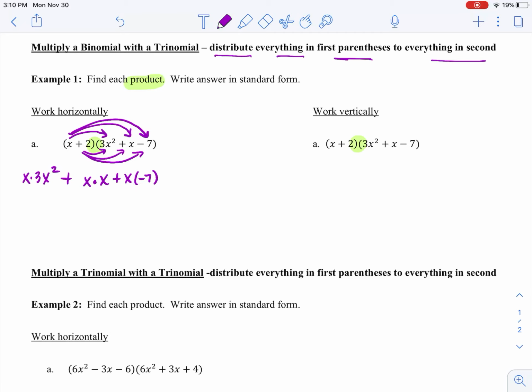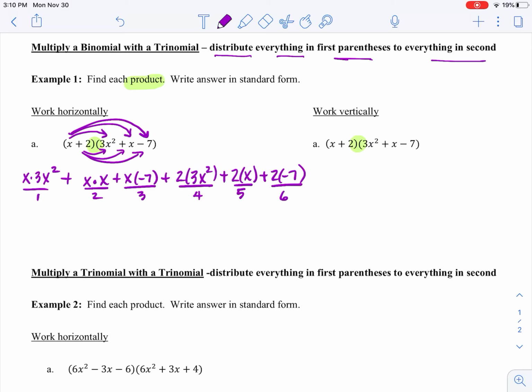If we do the next 3 arrows that are coming out of the 2, we're going to do the 2 times 3x squared, plus we're going to do the 2 times x, plus we're going to do the 2 times the negative 7. So I have 1, 2, 3, 4, 5, 6 multiplications I'm doing. 3 of them coming from the x and 3 of them coming from the positive 2, right?